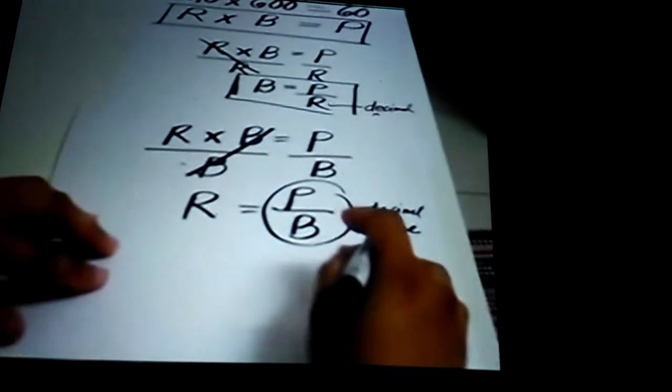Of course, what we're going to get here is a decimal value. We have to change this decimal into the rate of percentage by simply moving 2 decimal places to the right and affixing the percent sign, or simply multiplying it by 100 and putting the percent sign.